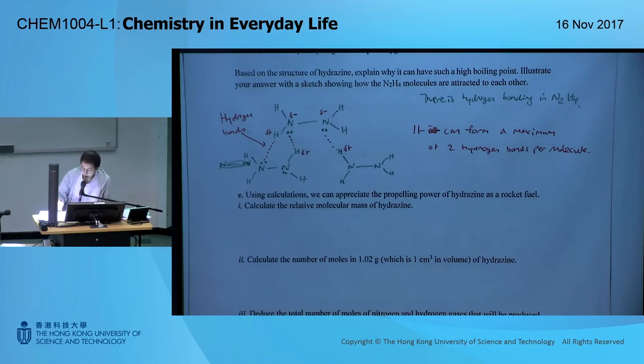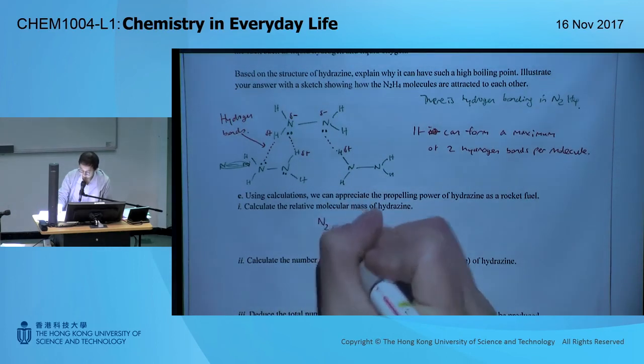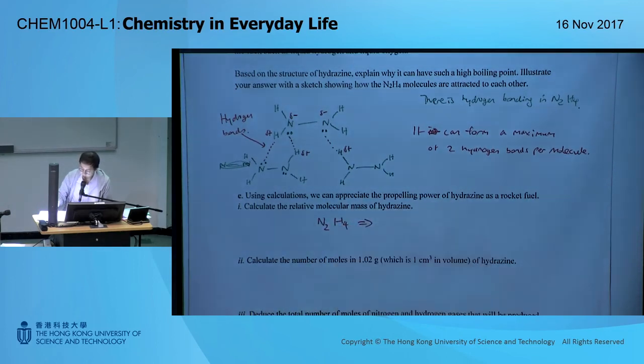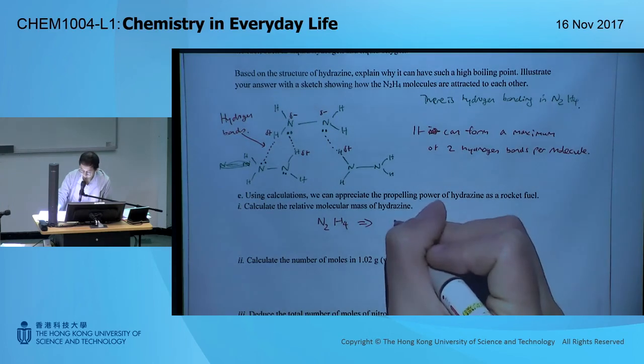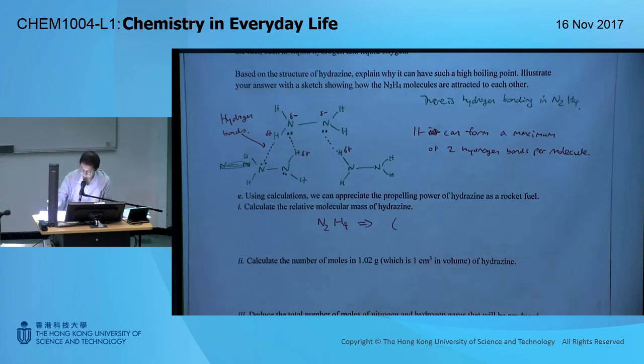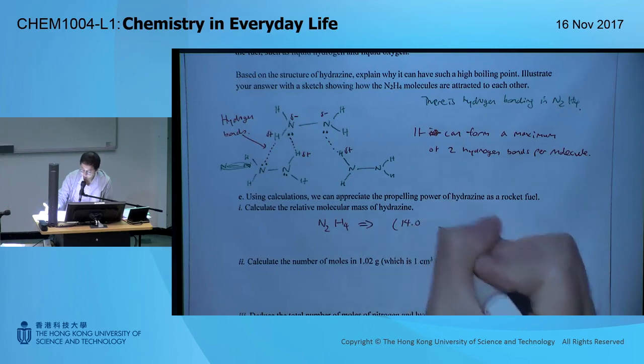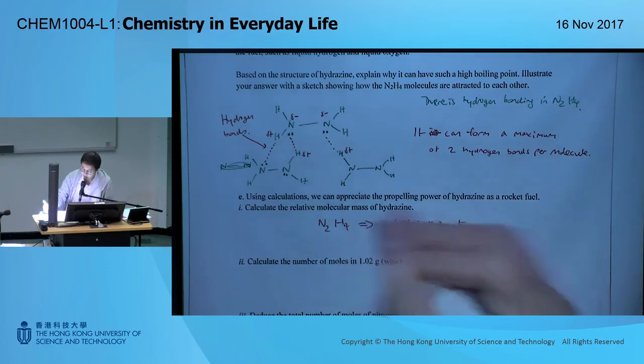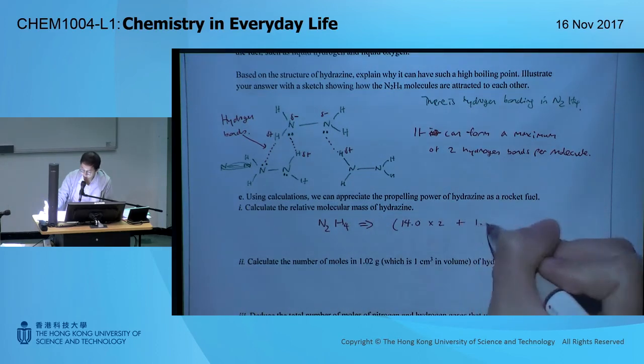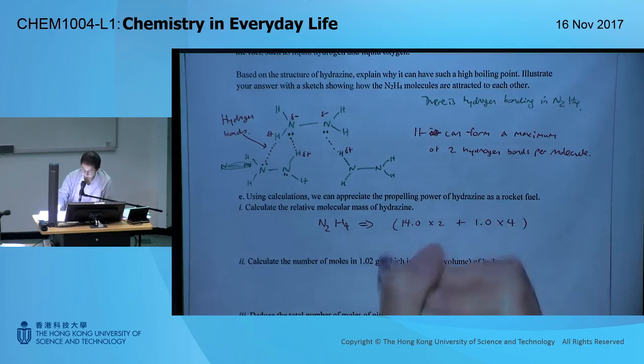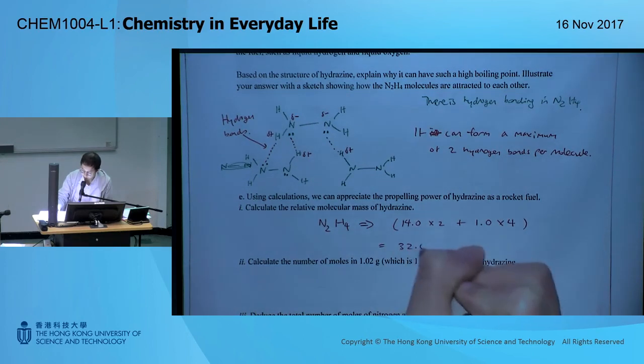So using calculations, we can appreciate the propelling power of using hydrazine as a rocket fuel. The first one is to calculate the relative molecular mass of hydrazine. So that's very easy. For N2H4, we just calculate the mass of nitrogen, and we look it up in the periodic table. It's 14.0 times 2 nitrogens, and 4 hydrogens, 1.0 times 4, and that's 32.0.